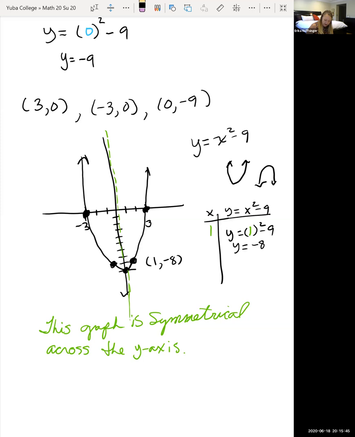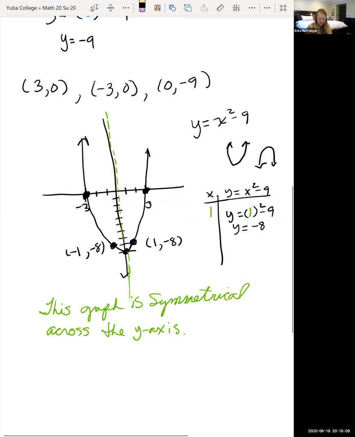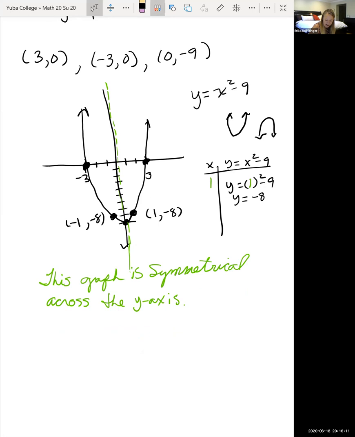My y value is the same there, negative 8, but my x value is not 1 anymore, it's negative 1. Same thing here: my y value is the same when I flip it across the y-axis, but my x value just changes signs. So that's actually a rule for something to be symmetrical across the y-axis. If x, y is a point, then negative x, y is also a point on the graph.